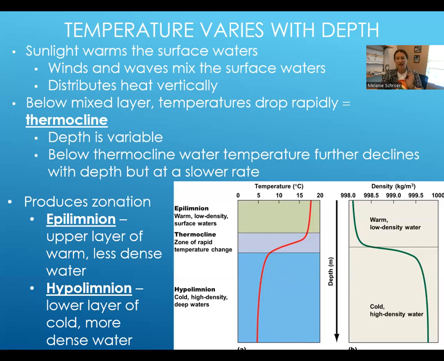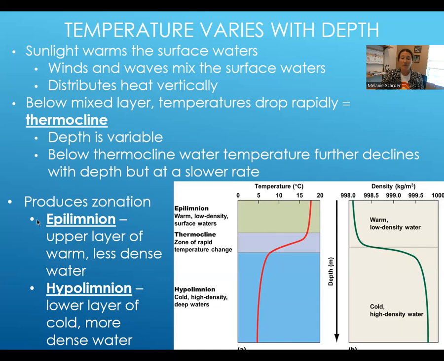It is more dense. It is not heated up by the sun, and so it remains fairly cold. Of course, the deeper you get, it does get a little bit colder, but at this point there's no light, there's no mixing. It's just a consistent temperature.